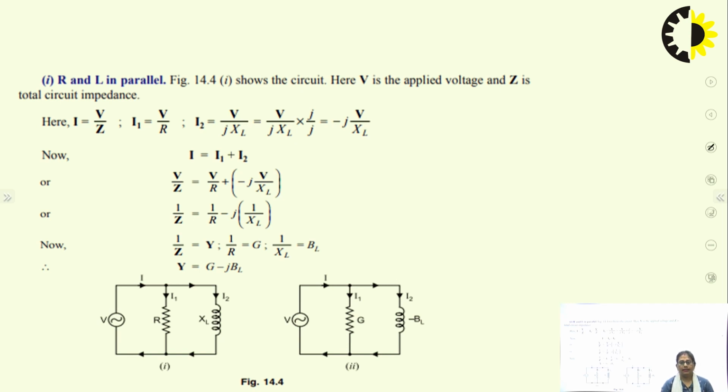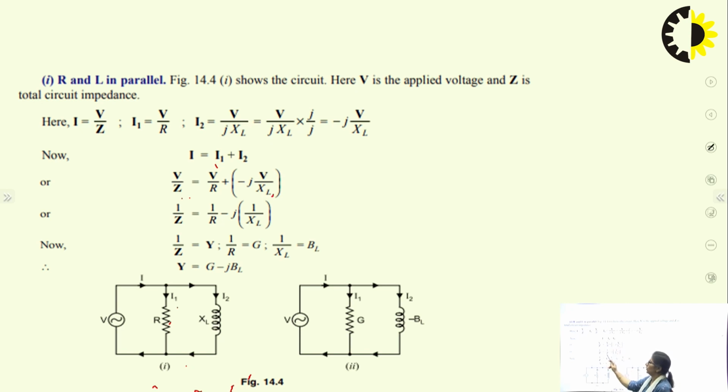Now, if R and L are in parallel, I can calculate the admittance as follows. Both of these are connected across V. So, I1 is given by V upon R. I2 is given as V upon XL. If that is so, the addition of these two is going to get me the total current. Total current is given by V upon Z. So, V upon R minus J V upon XL.